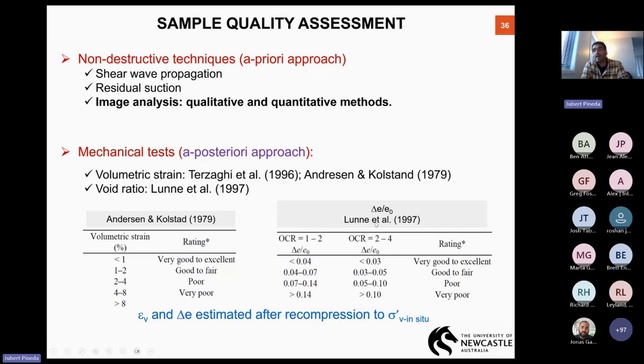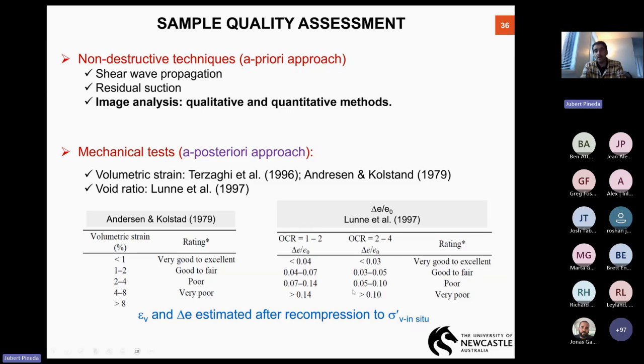People from NGI, Tom Lunne and co-workers, proposed a sample quality index, which is basically delta E divided by e0. We need to quantify how much change in void ratio is required to recompress the soil from zero kPa, after putting the soil in the equipment, to reaching the in situ vertical stress.